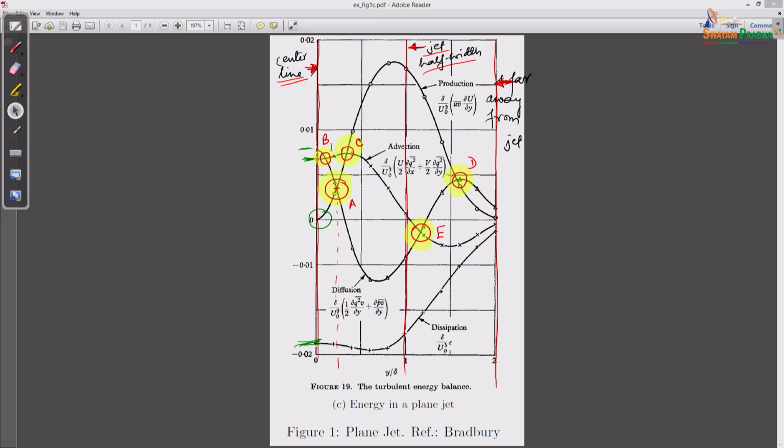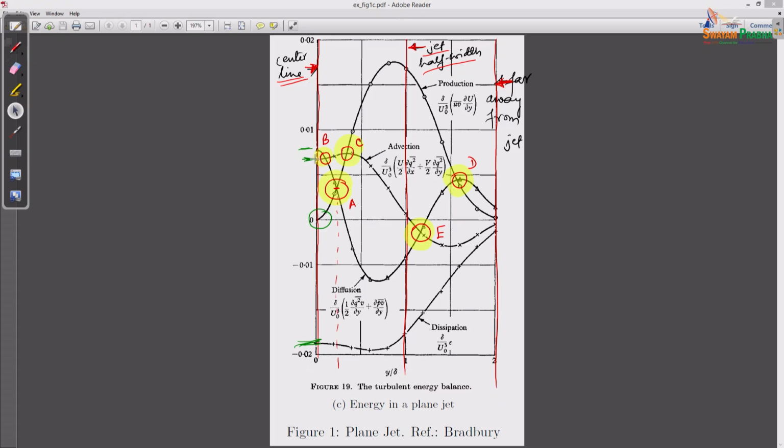Okay, what's at location B? This is also near the center line, so here it's nearly starting out. The jet is beginning to spread. So if you see, this is the diffusion and this is the advection.